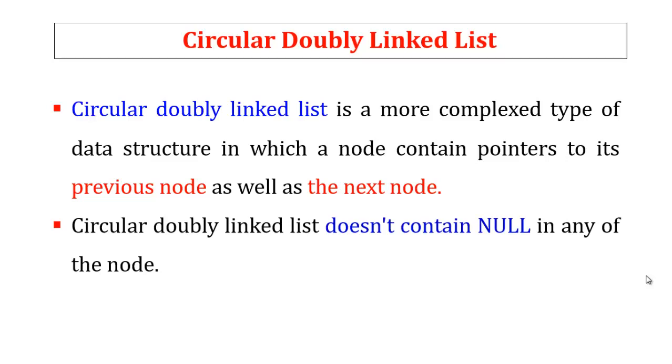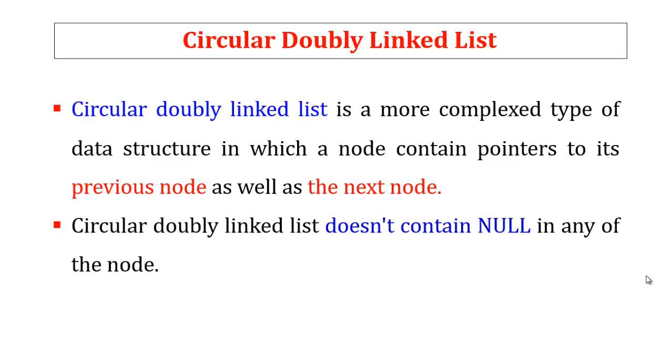In a circular singly linked list, the last node is connected to the first node. There is no null pointer present in the circular singly linked list. Similar concepts apply to the doubly linked list, which has three fields: previous field, data field, and next field.